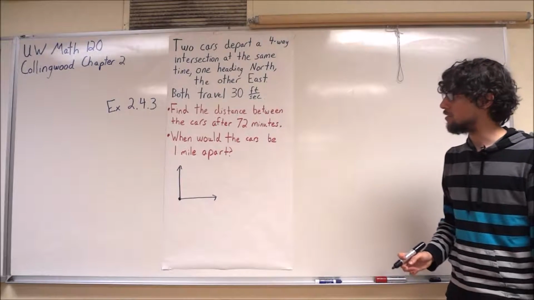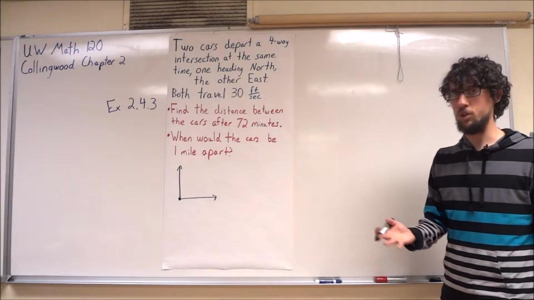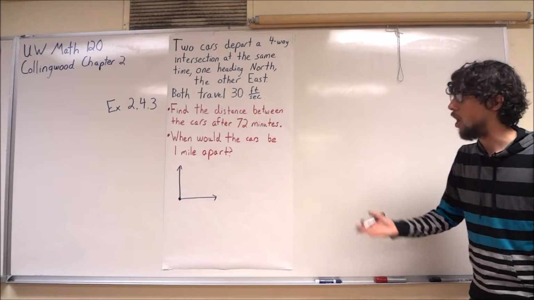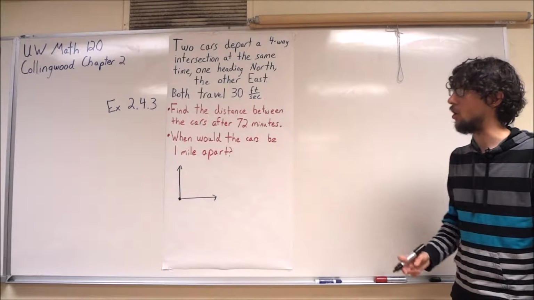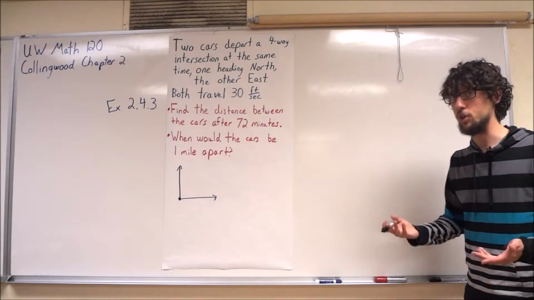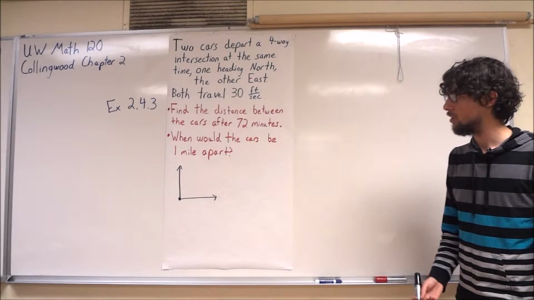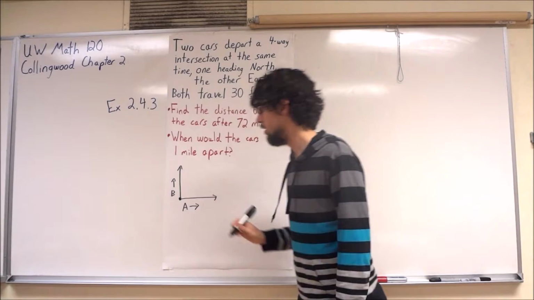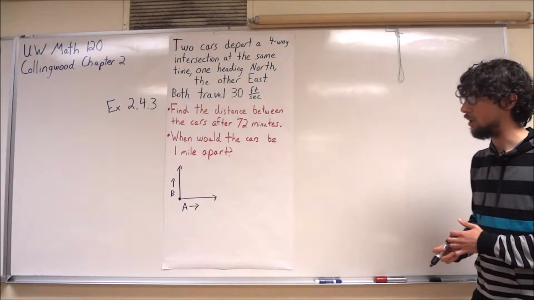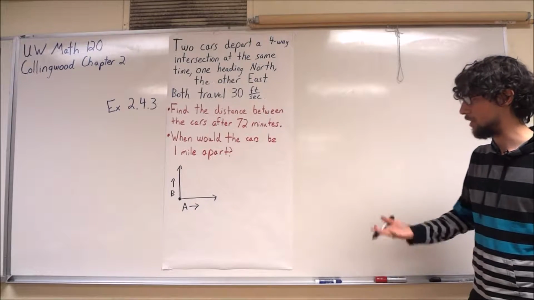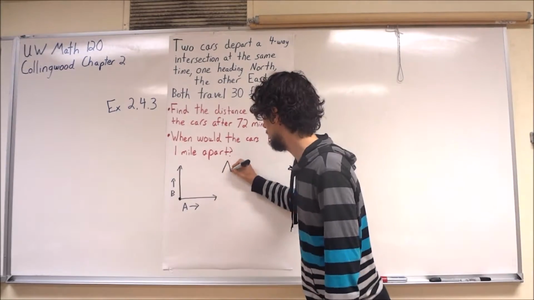So let's, like we did with this question about Michael and Aaron, let's model the position of, say, car A and car B as a function of time. So let's say that car A is going east and car B is going north.